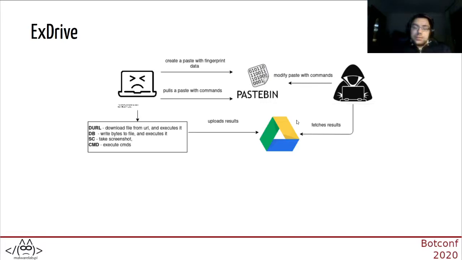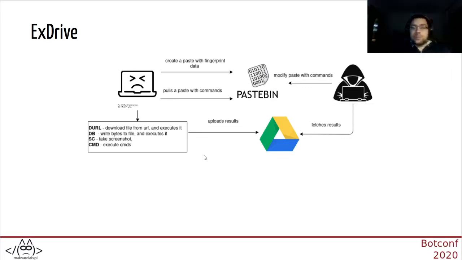And the actual C2 channel is very interesting, at least quite unusual for me. So what will happen at the beginning of the infection, the malware will fingerprint the machine, get some data like the username, the computer name, some information about installed antiviruses, stuff like that, and will create a paste in Pastebin with that information encoded, I think. So the attacker can go there.